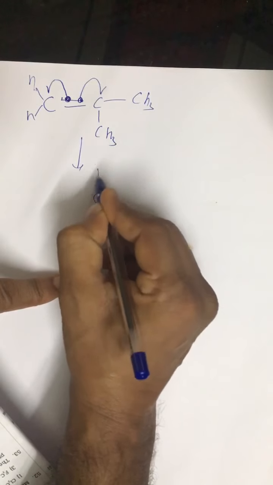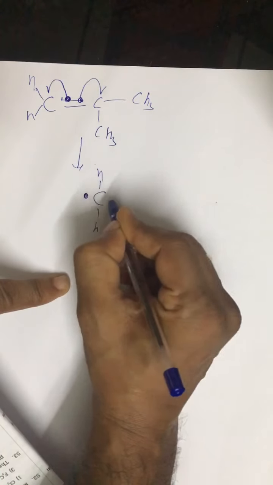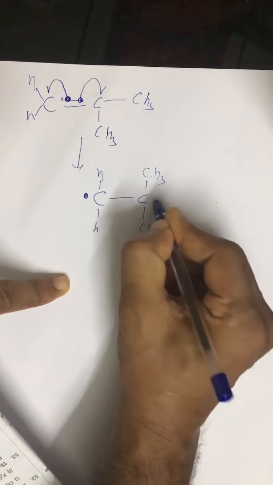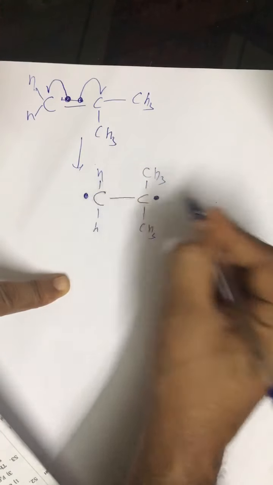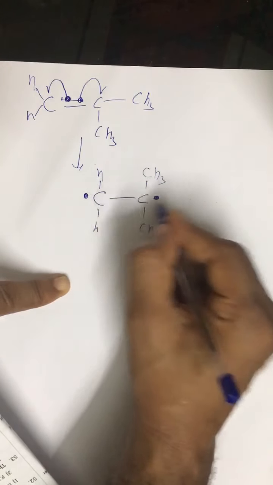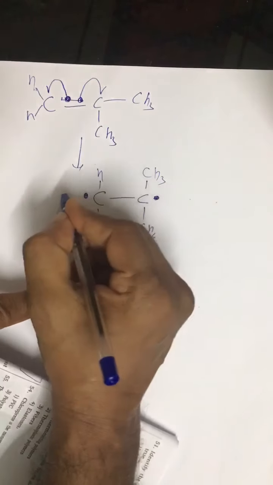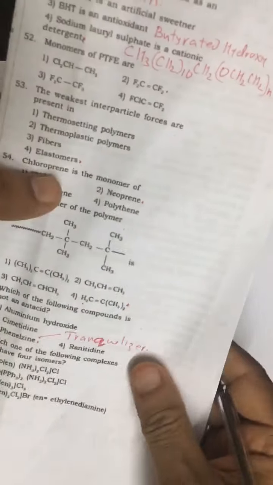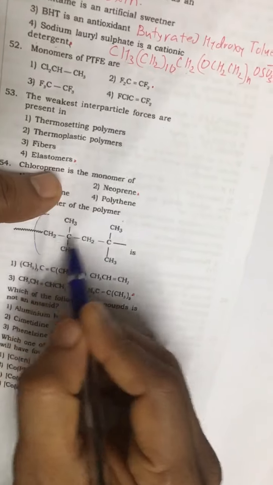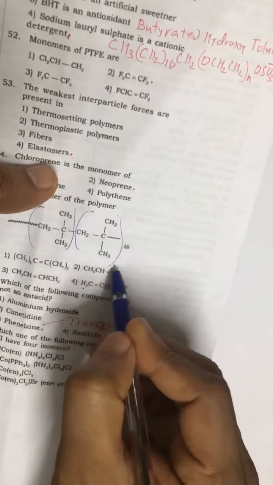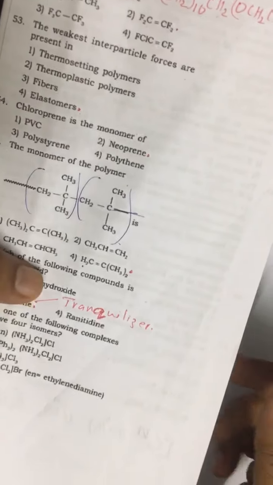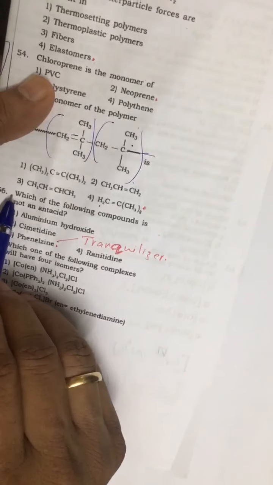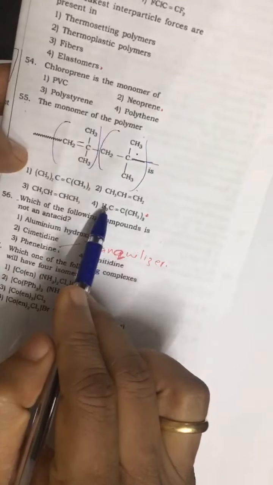We get this kind of intermediate CH2, and then C, this is CH3, CH3, and then this, and then again on addition. Alright, on addition we get the polymer. So this is the monomeric unit, you can say. This is the monomeric unit, whole N. They on polymerization produce this kind of polymer. So 55 correct answer is fourth option.